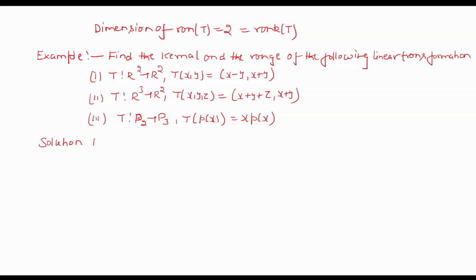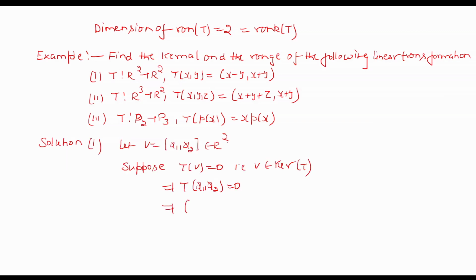This implies T of (x1, x2) is equal to 0. So (x1 minus x2, x1 plus x2) is equal to (0, 0). This implies x1 minus x2 is equal to 0 and x1 plus x2 is equal to 0, which implies x1 is equal to 0 and x2 is equal to 0.